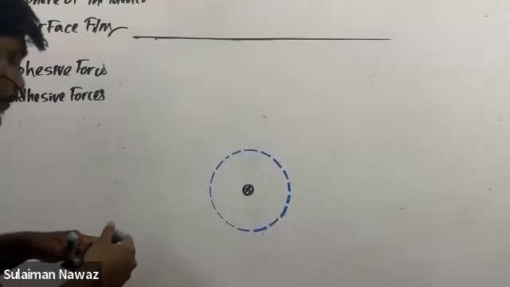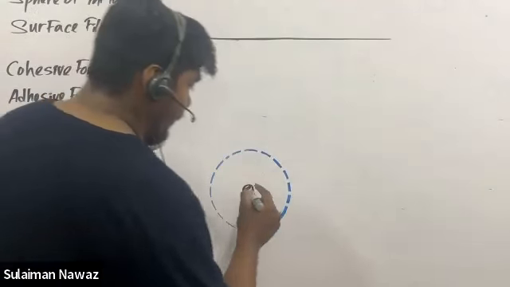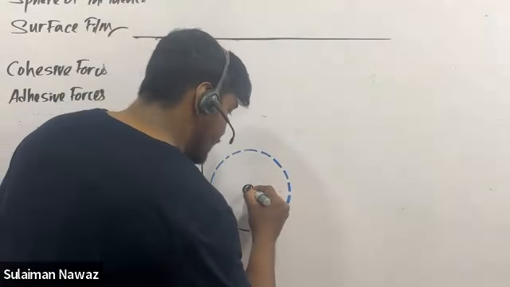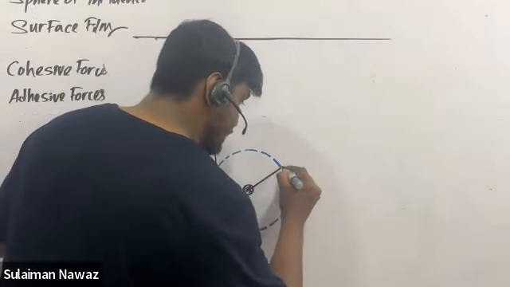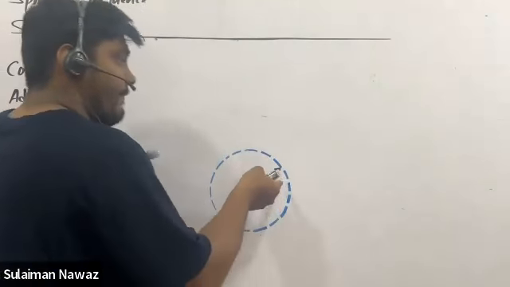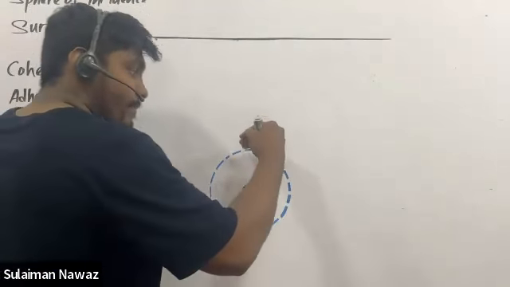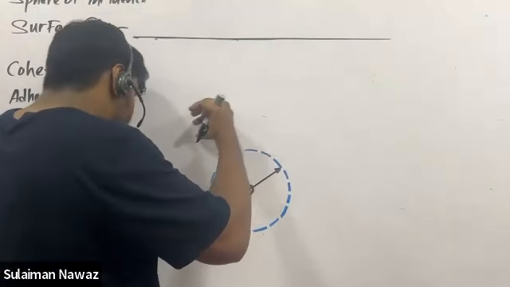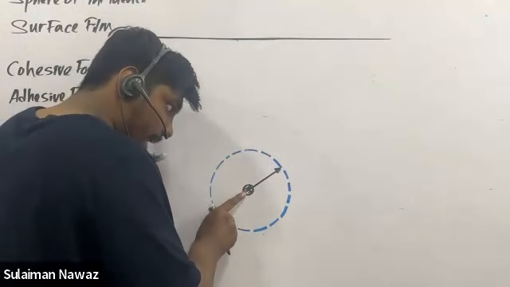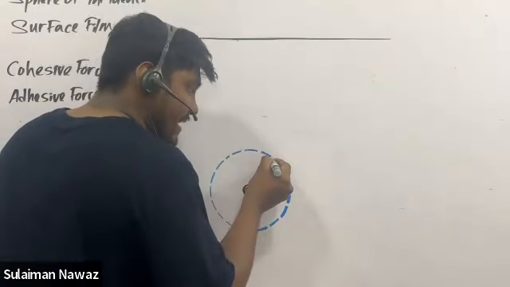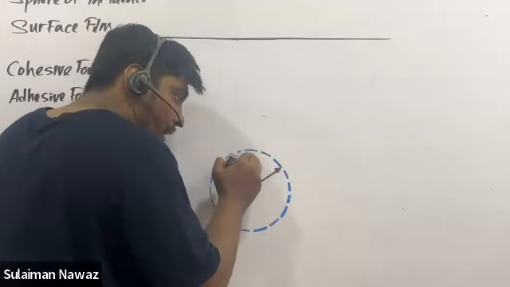Now I told you about the boundary. If I create a boundary at a particular distance from the considered particle, beyond that boundary particles cannot make a good impact on this black color particle, while particles inside the boundary can.